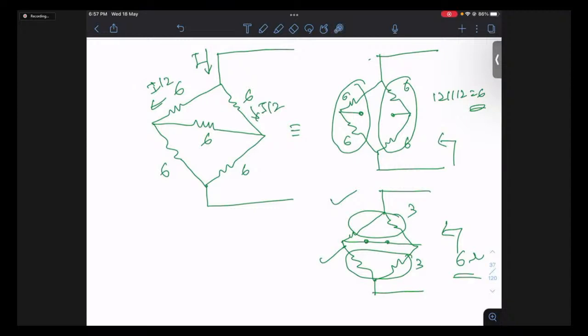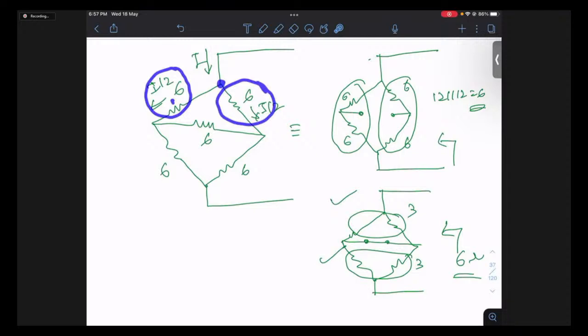Now, don't you think by this logic these points will be equipotential? Why? Because if the current is I by 2, I get this voltage drop as 6 into I by 2, and even this voltage drop is the same.